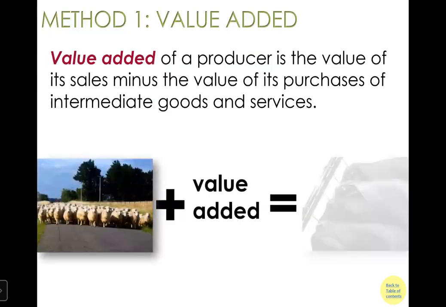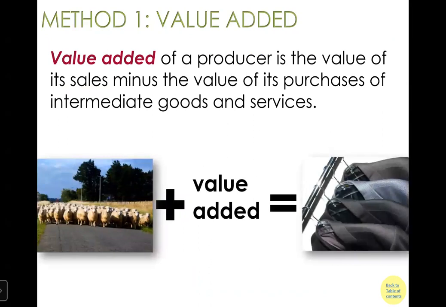Okay, so now let me elaborate a little bit or explain what we mean by value added and what we mean by final goods. So value added of a producer is the value of his sales, which is the market value of the goods and services, minus the value of his purchase of intermediate goods.